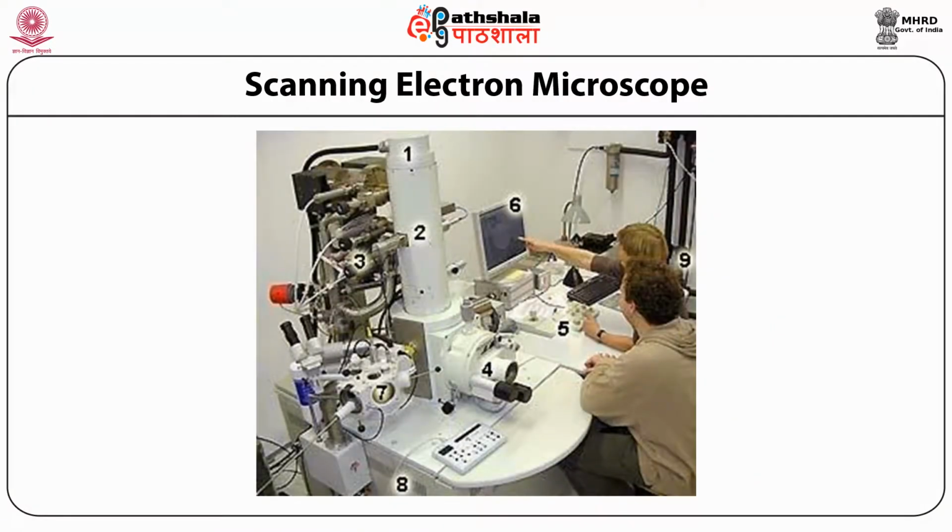The image shows a working scanning electron microscope setup. The various parts have been indicated by the numbers. Part number 1 is the electron emitting gun. 2 is the electromagnetic lenses in order to direct and focus the electron beam path inside the column. 3.